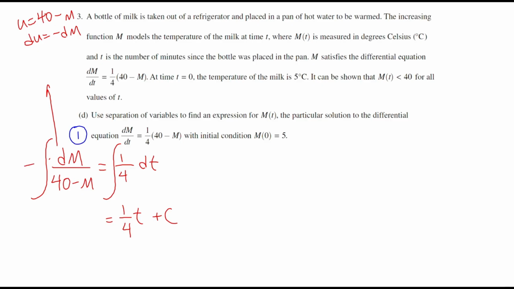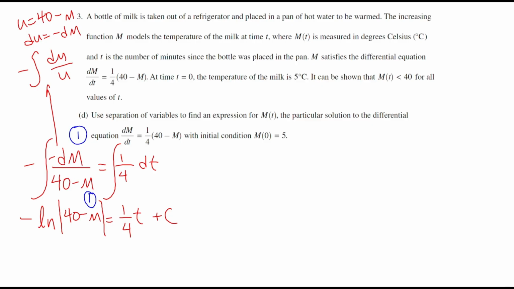So really, we want to put a negative and a negative here, which makes this negative integral du over u, or negative natural log absolute value of 40 minus m. And that side's got a constant too, but we can always subtract the constant over to the other side and just be left with one constant on one side. So this is worth our second point if we correctly anti-differentiated both of those.